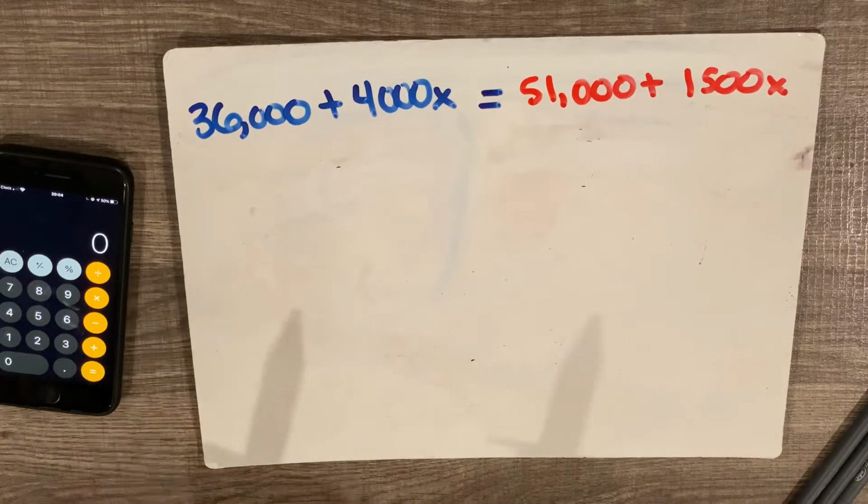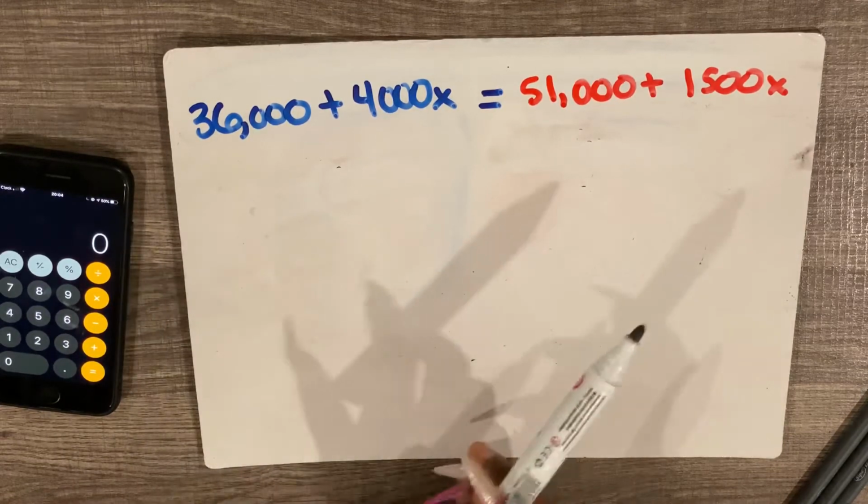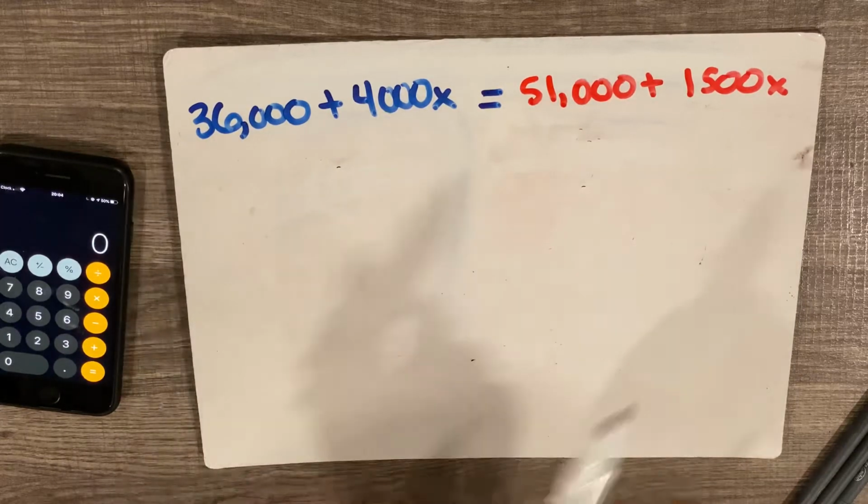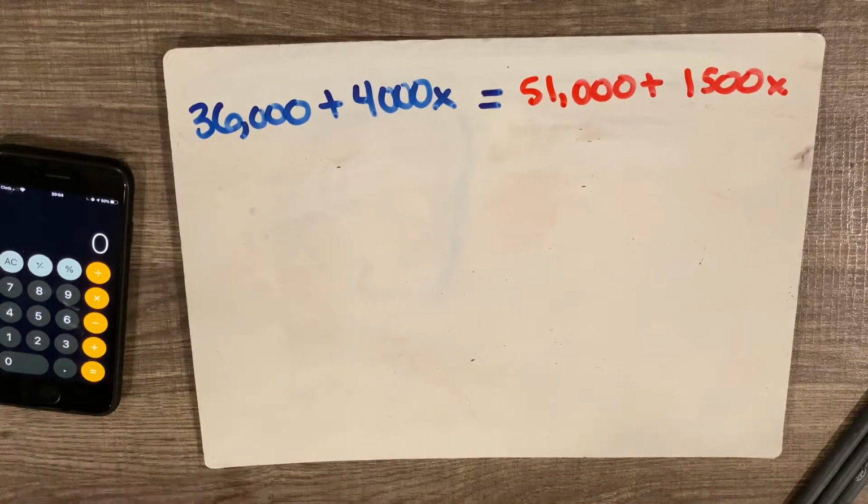So when you see a real world problem like this, I need you to think, this is an equation with a variable on both sides. Now we have the equation, we do like we normally do when we solve it.